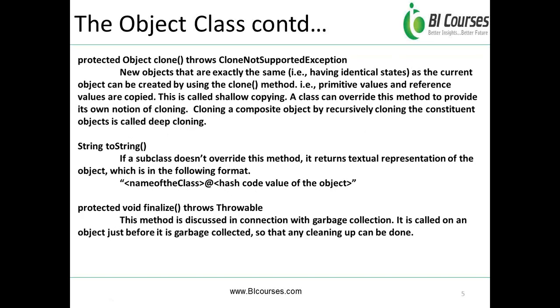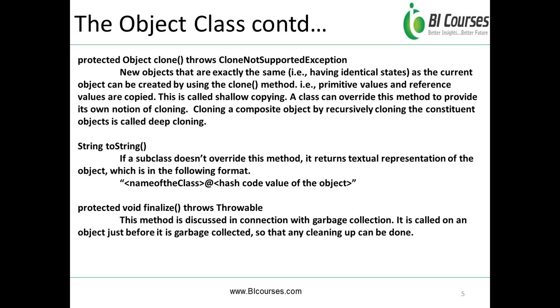And also we have the clone method, which is used to create a copy of an object. New objects that are exactly the same as the current object can be created using the clone method. Primitive values and reference values are also copied.